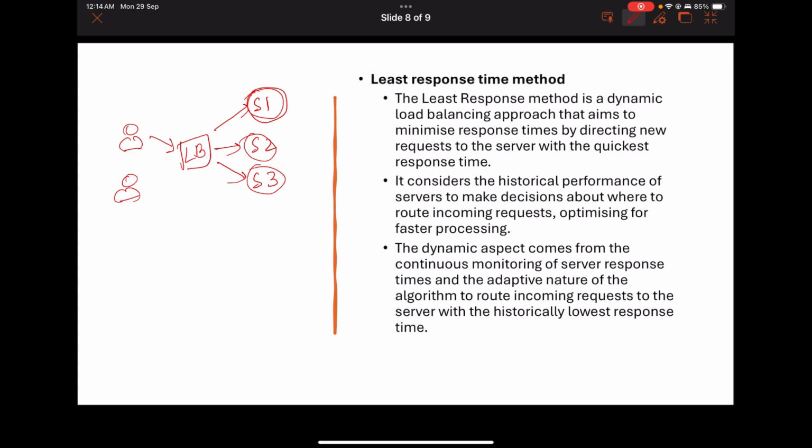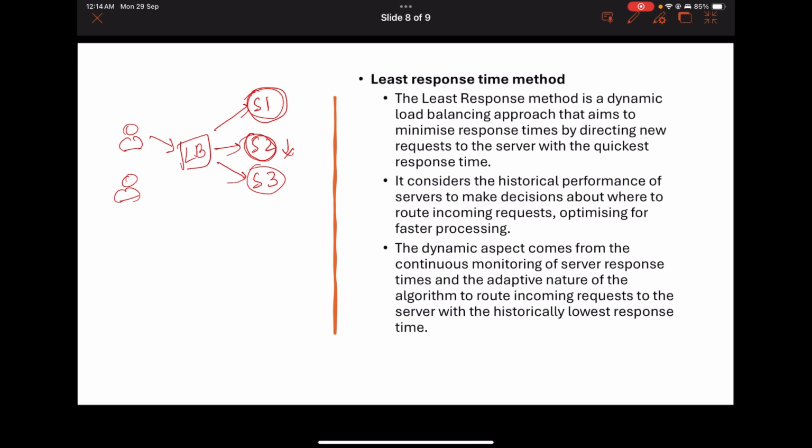And this algorithm is adaptive in a way that when there is more load on a server, the response time will automatically go up. Hence, the load balancer will know that we don't need to redirect the request to the server that is already overloaded and having a high response time, rather we can use a server which is idle and having a low response time.